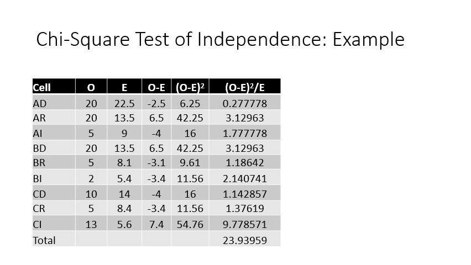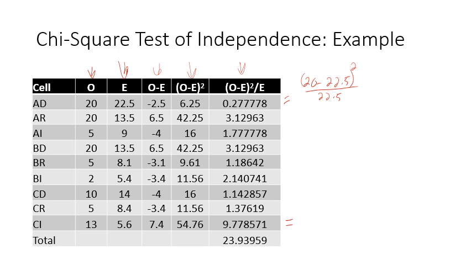So here I created a chart. You've got the cell, for this first one, voted for candidate A, Democrat. Voted for candidate A, Republican. Voted for candidate A, Independent. All 9 cells are here. Here you've got their observed. Here you've got their expected. You just take your observed minus your expected. You square it. You divide that value by the expected for that. So again, this one here is equal to 20 minus 22.5, squared, divided by 22.5.